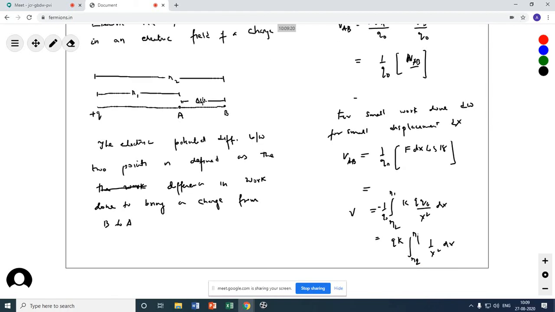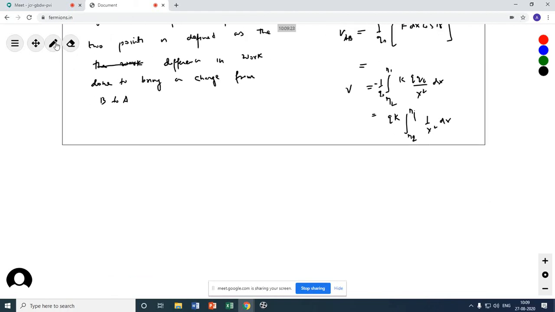Then I get here V equal to minus KQ, integration of this one gives minus 1 by X. Now this time my limit is from R2 to R1. So that gives me KQ, 1 by R1 minus 1 by R2.